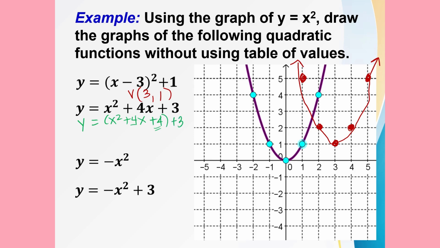Kaya, plus 3 minus 4 outside the parentheses. y equals the quantity of x plus 2 squared, and then 3 minus 4 is negative 1. So the vertex is at (-2, -1). So in the original quadratic function, we're going to move the graph 2 units to the left and 1 unit downward. So this is the point.